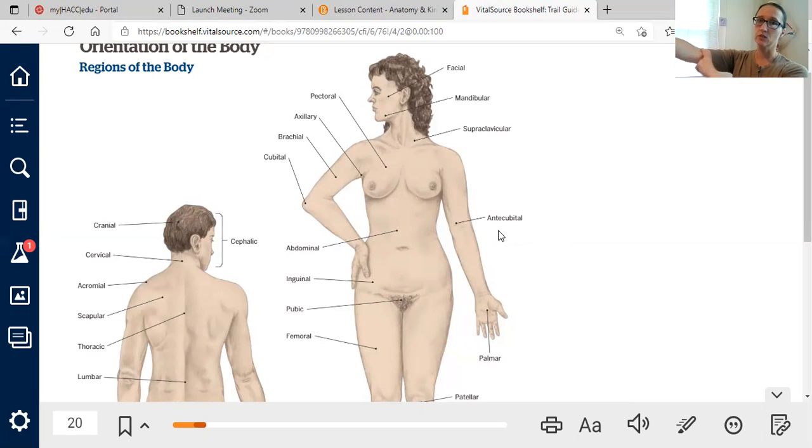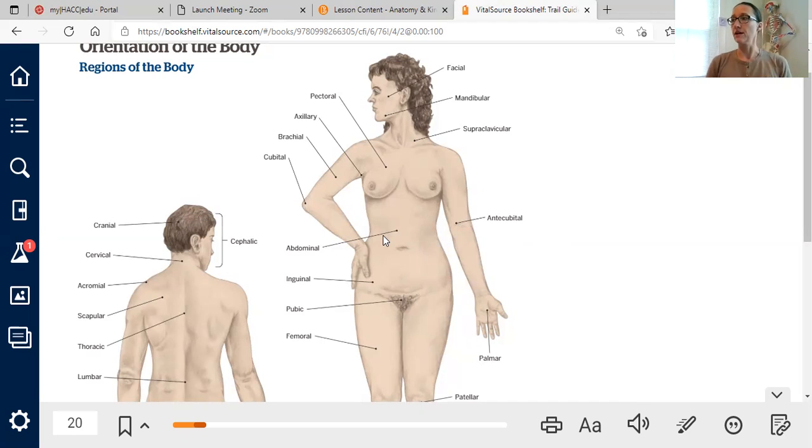So it's an antecubital region. And the antecubital region is also an endangerment area. Any place where you have a bend is usually an endangerment area because the skin is thinner there, there's blood vessels, nerves, and things that are closer to the surface. So the antecubital space is an endangerment region as well.